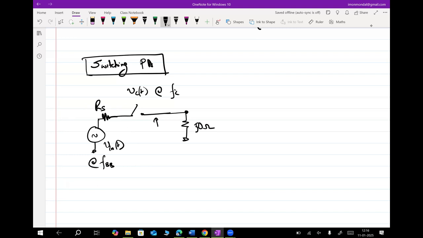Again, we know from the maximum power transfer theorem that for a particular source resistance, the load resistance can be RS, and that is the condition for maximum power transfer. So when we say heuristically a signal is weak, we essentially imply that it comes in with a pretty high source resistance with respect to the load, right?